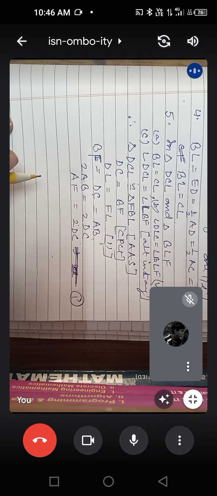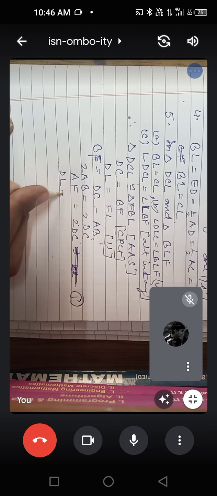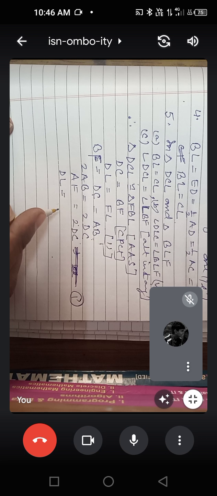Now you see second part. DL is equal to what? DL is equal to FL. So you can simply say that DL is equal to FL.